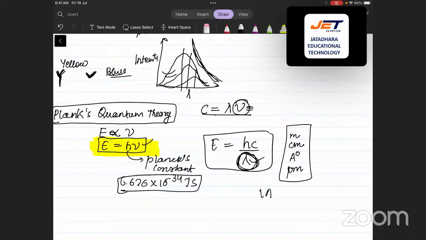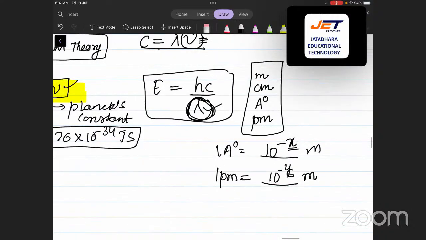If I write 1 angstrom equals dash meter, 10 raised to the power minus x, what should be the value of x here? And you have to quickly tell me the value of y also. How is angstrom related to meter and how is picometer related to meter?